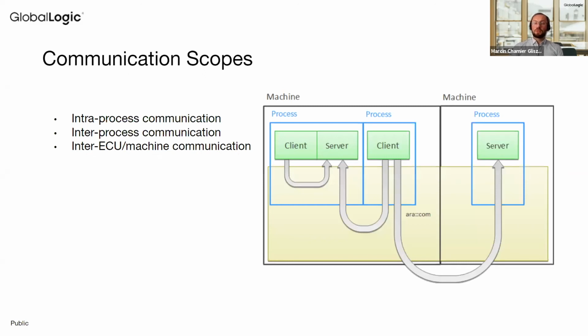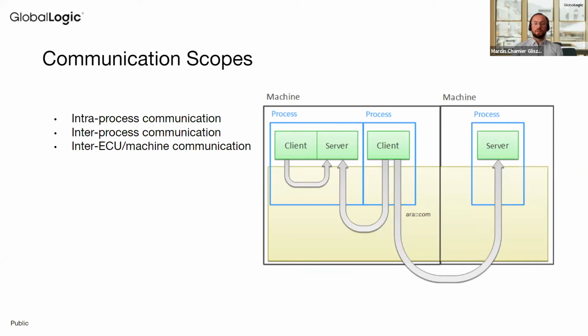What does the AUTOSAR Adaptive platform allow us? It gives us IPC, so CommonAPI for inter-process and outer-process communication.